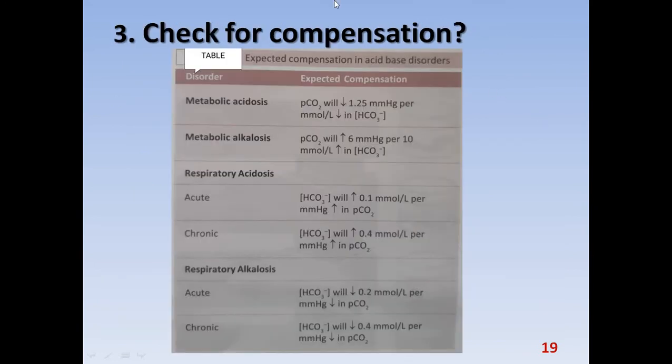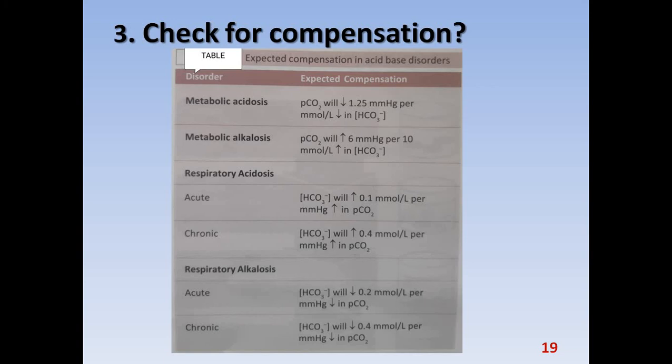Now we'll go to the next slide. Now we have to check for compensation. These are some expected compensations with the disorders. First one is for metabolic acidosis. In case of metabolic acidosis, PCO2 will decrease around 1.25 millimeter of mercury per millimole per liter decrease in bicarbonate.